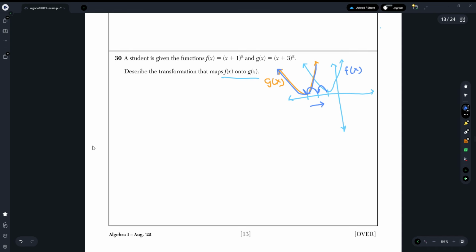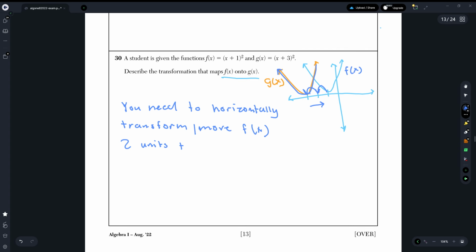So all I have to write to describe this transformation is that you need to horizontally transform or move f of x 2 units to the left.